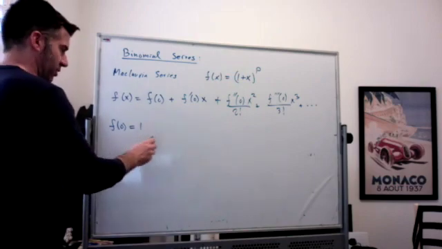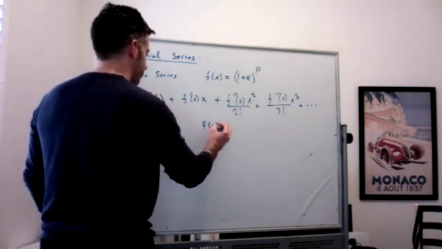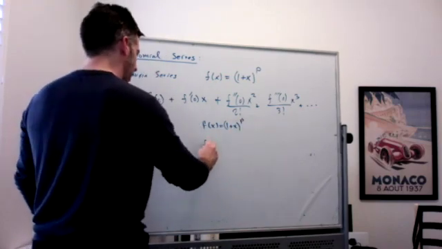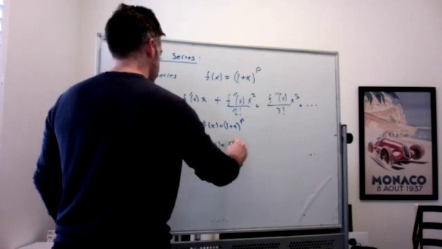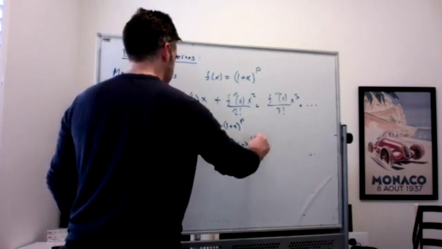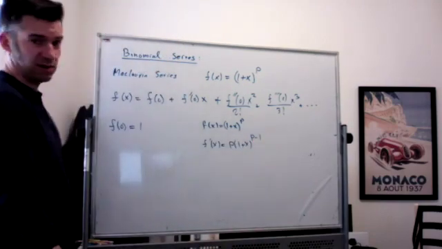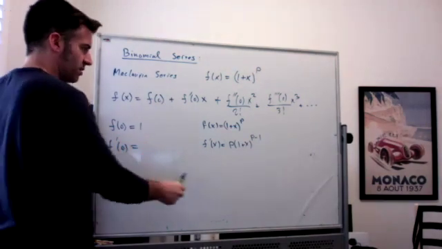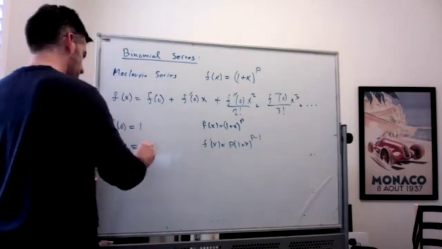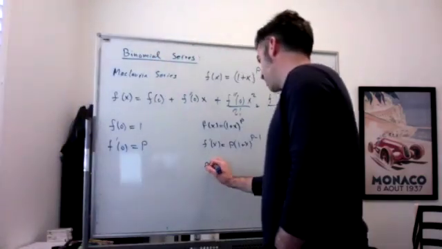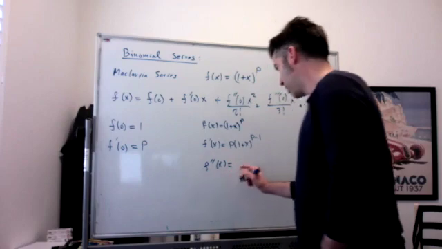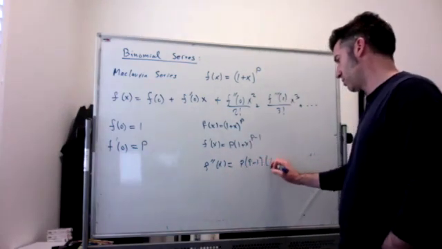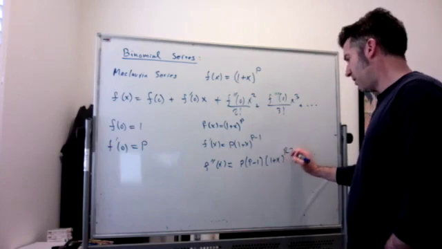I should write down my functions too. Let's take the derivative. f prime of x is p times 1 plus x to the p minus 1, using the power rule. If I plug in 0, f prime of 0 is p times 1. Then f double prime of x is p times p minus 1 times 1 plus x to the p minus 2.